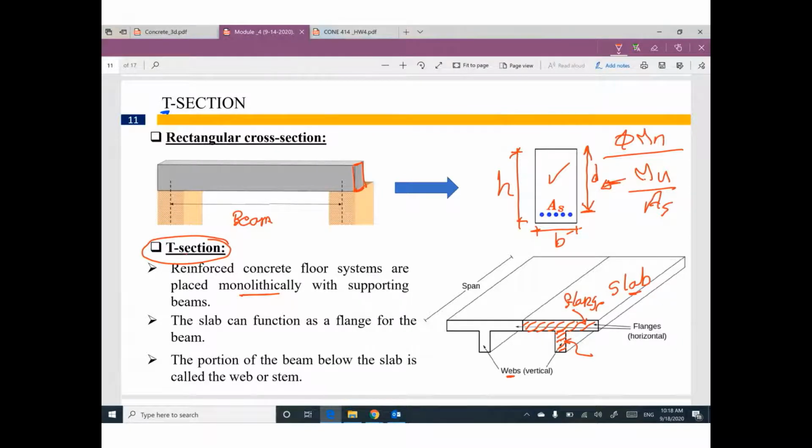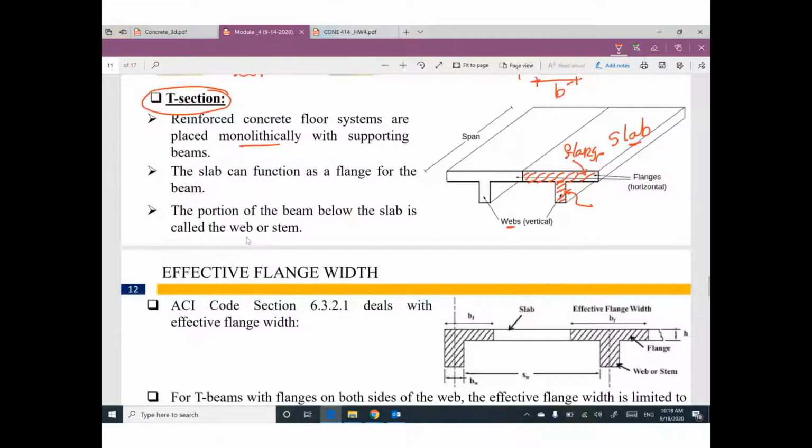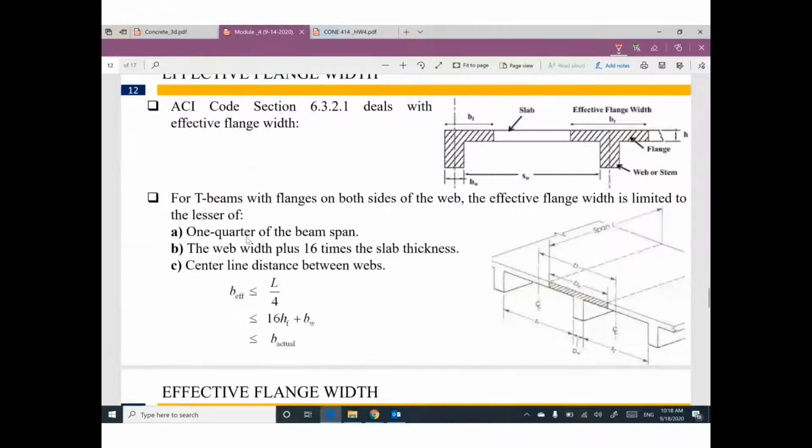According to ACI, if you have a web connected to a slab part, only part, not all of the slab is working with the beam to make the T-section. We have only a part.